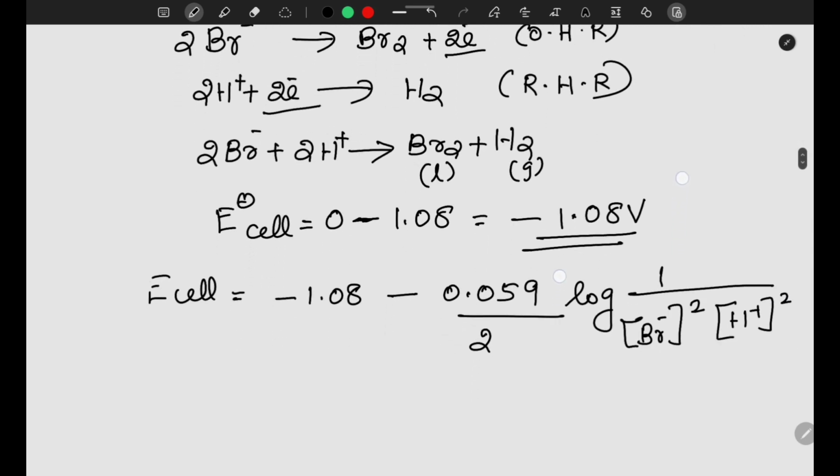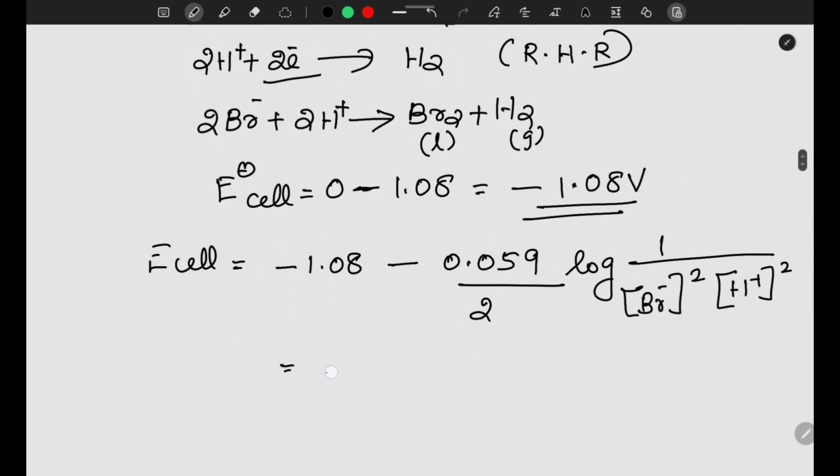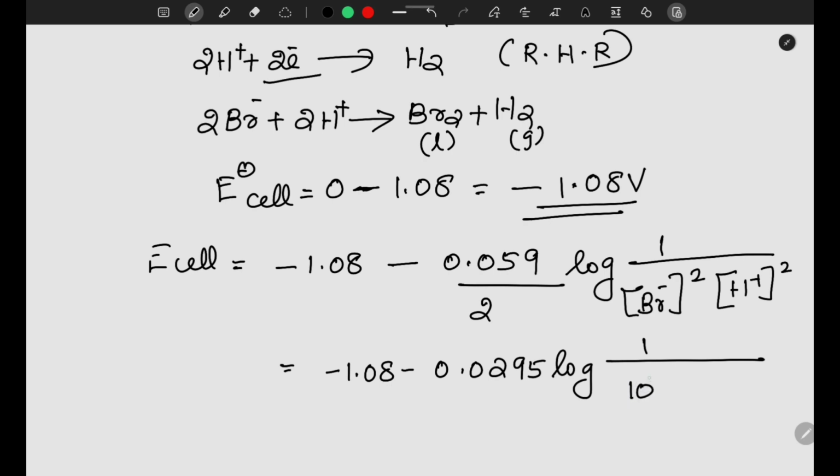raised to 2. So that will be equal to minus 1.08 minus 0.0295 into log 1 by 0.01 means 1 into 10 raised to minus 2. So 10 raised to minus 2 the whole square into, and concentration of H plus is 0.03. So that is also 0.03 the whole square.